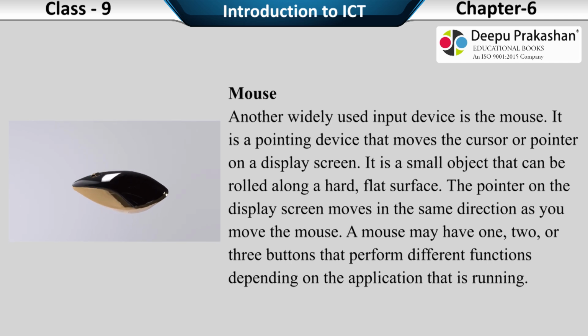It is a pointing device that moves the cursor or pointer on a display screen. It is a small object that can be rolled along a hard, flat surface. The pointer on the display screen moves in the same direction as you move the mouse. A mouse may have 1, 2, or 3 buttons that perform different functions depending on the application that is running.